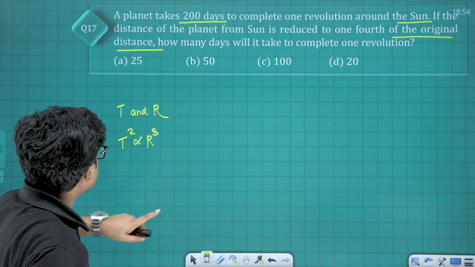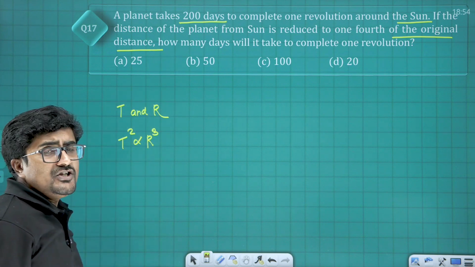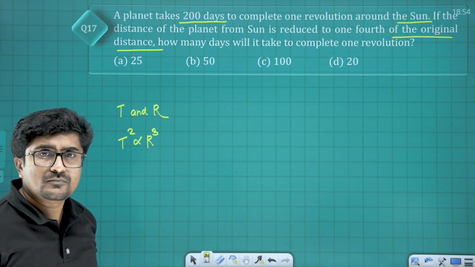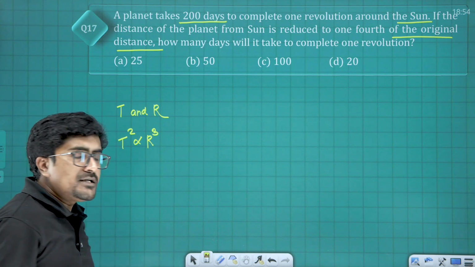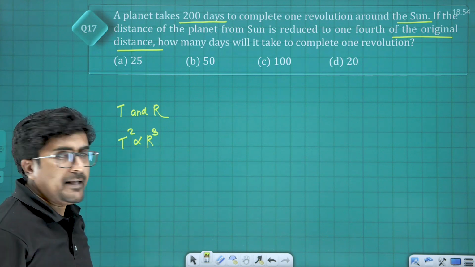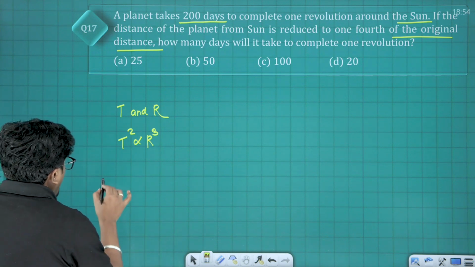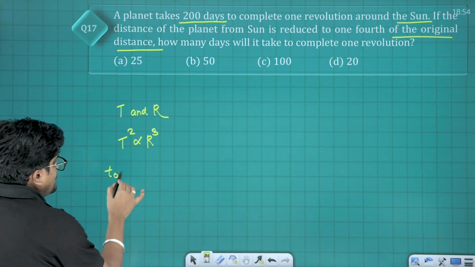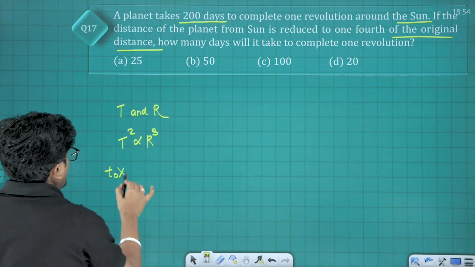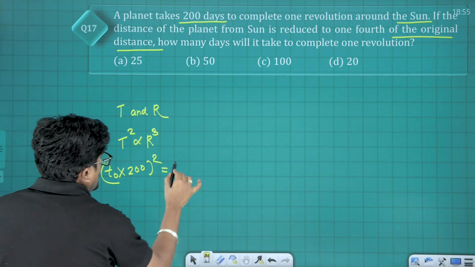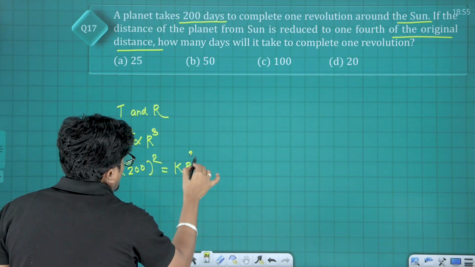T square is proportional to R cube, isn't it? Now, what is the initial time period? Initial time period is 200 days. Okay, so let me consider T0 to be the total time duration of 1 day. So now total time taken is going to be T0 into 200 square. That's equal to K into R cube.